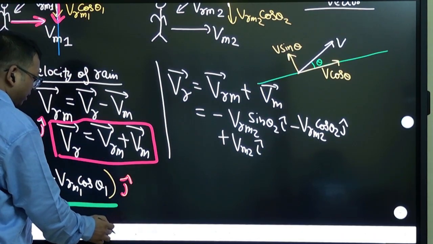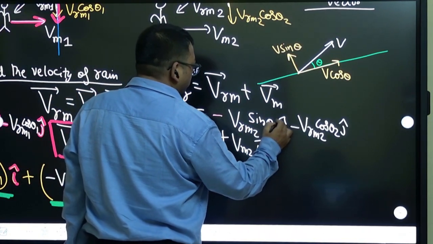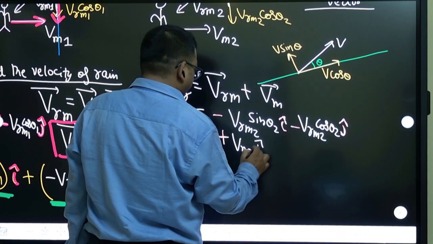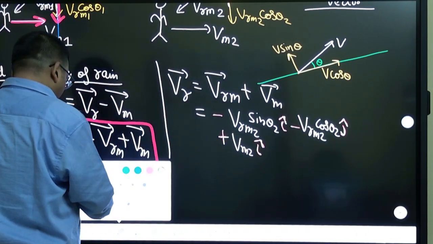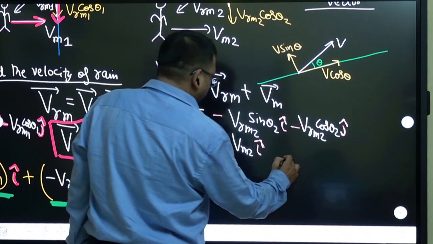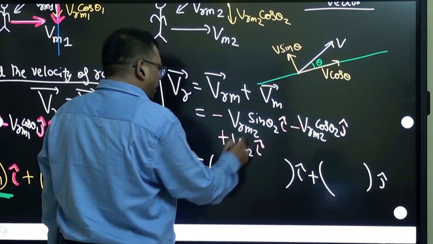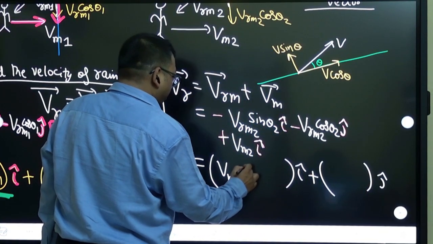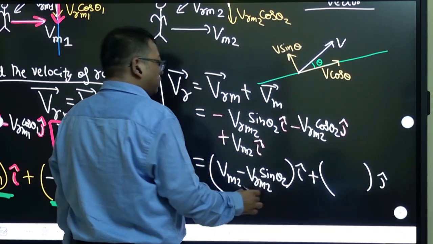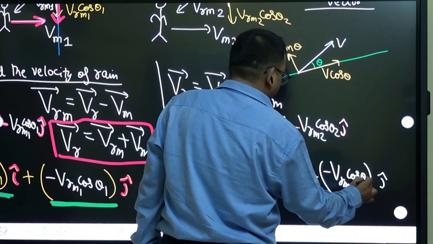Same way, let us bring them together. Again there is minus I cap, minus j cap, and plus I cap. So again I cap I will bring together, again j cap I will bring together. So the I component is Vm2 minus Vrm2 sine theta 2, and the j component is minus Vrm2 cos theta 2.